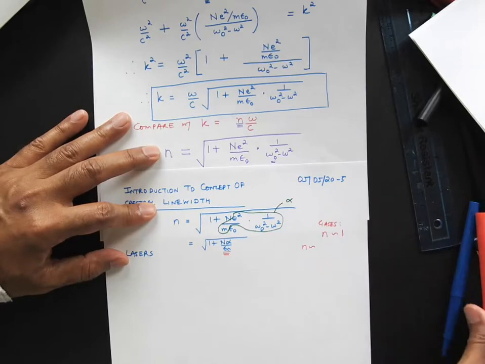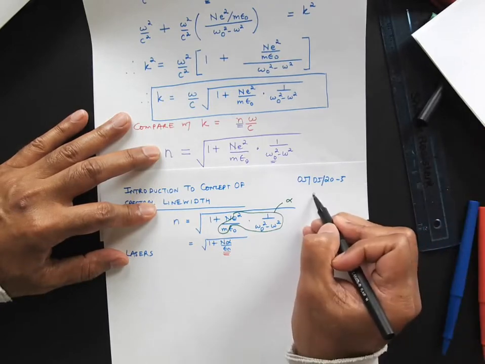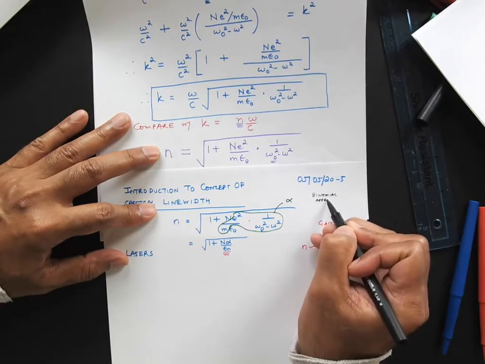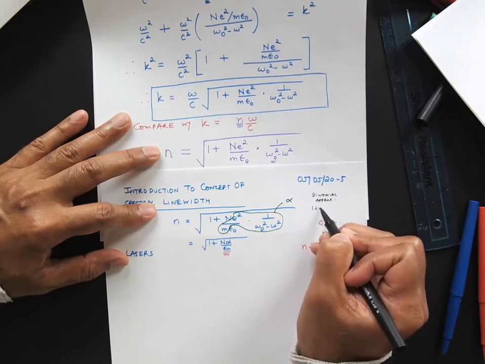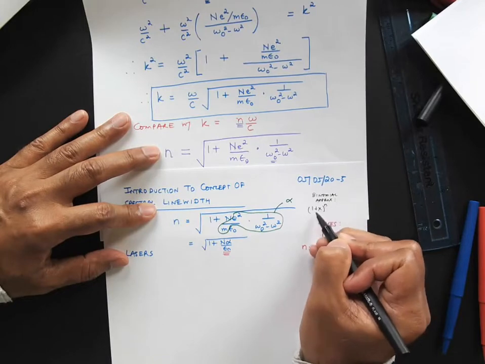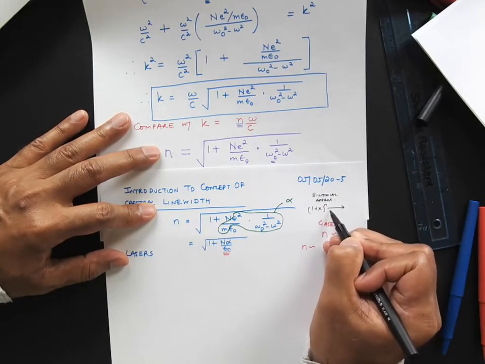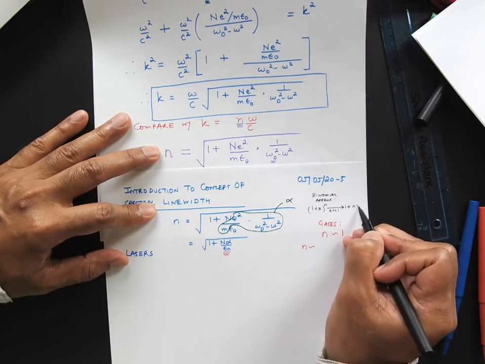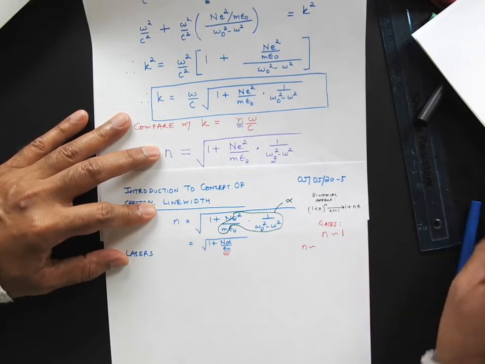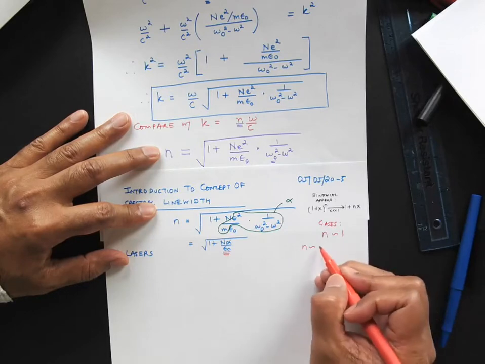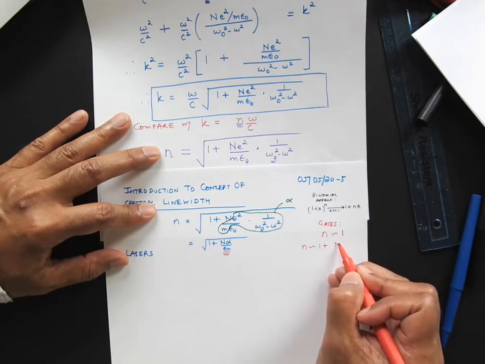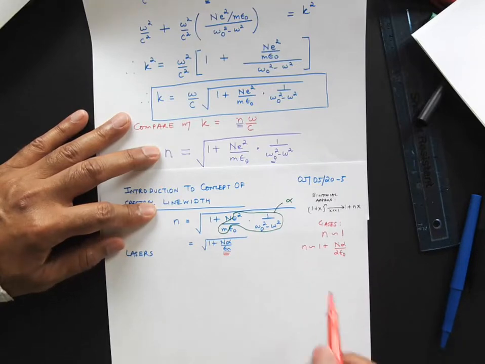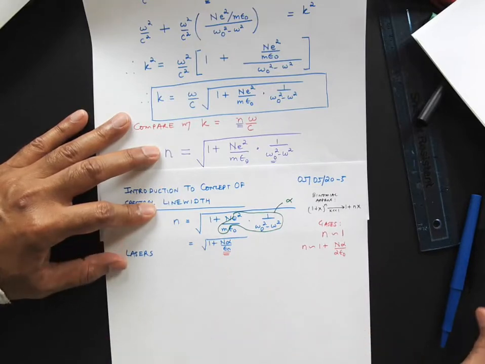What is the binomial approximation? 1 plus x to the power n, if x is much, much smaller than 1, is simply 1 plus n times x. And that takes away the square root, which is nice, because then this just becomes 1 plus n alpha over 2 epsilon naught. And it's easy to plot.